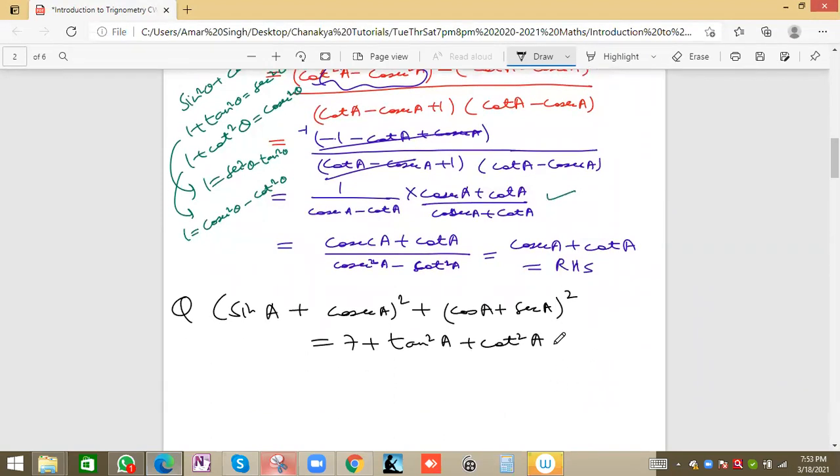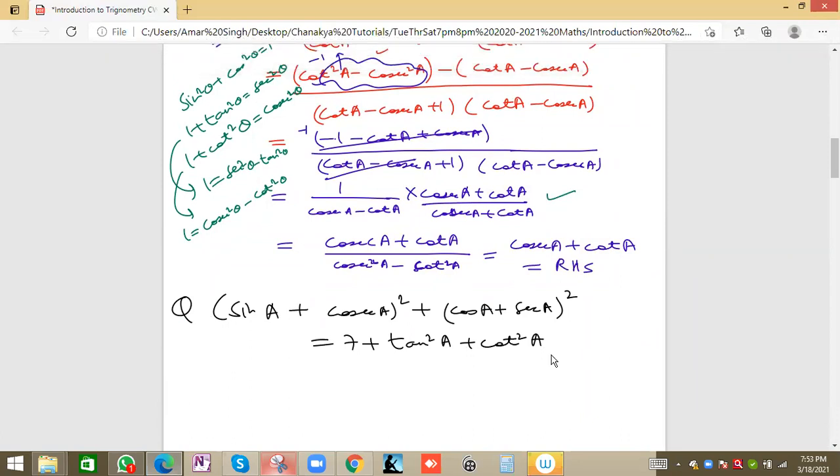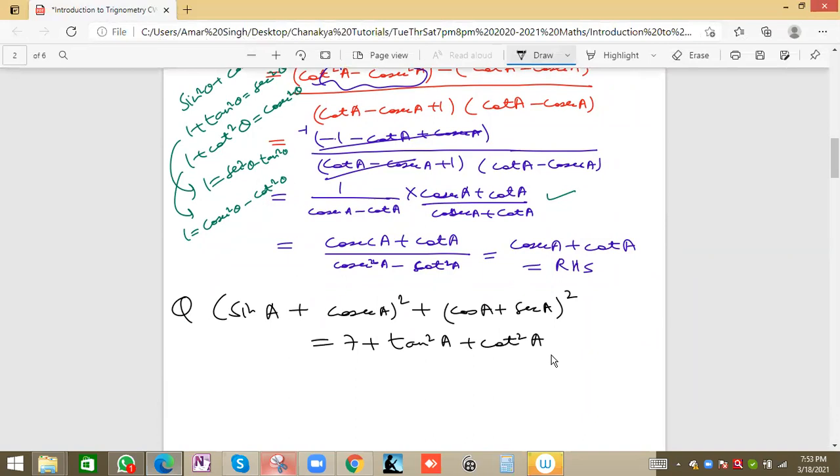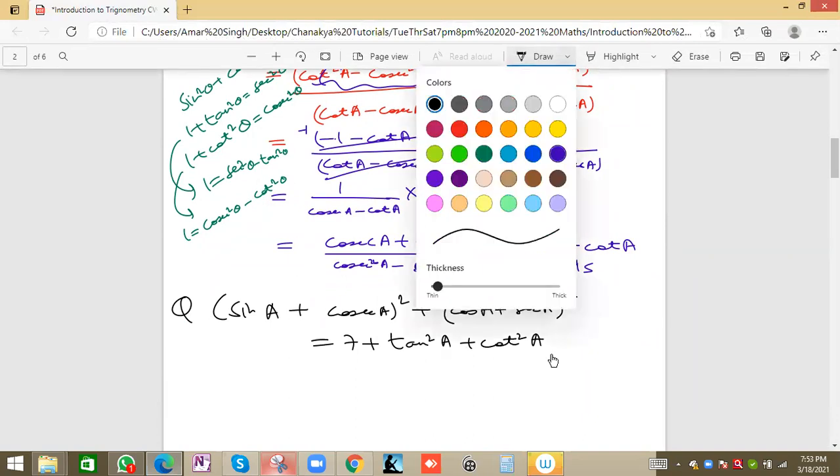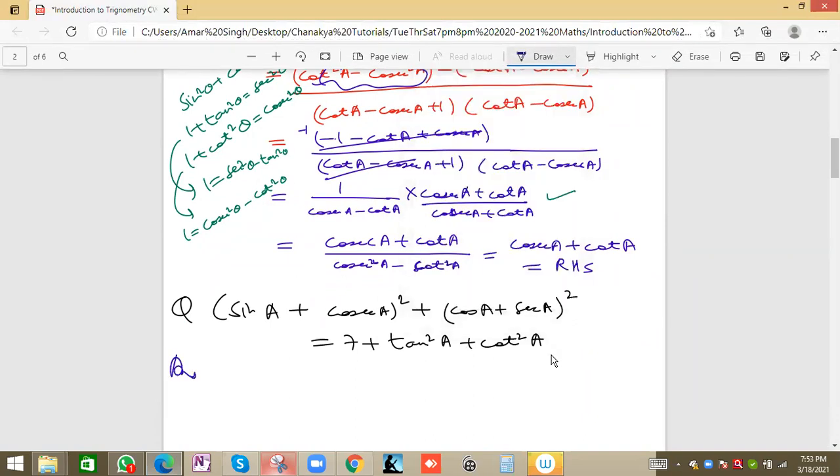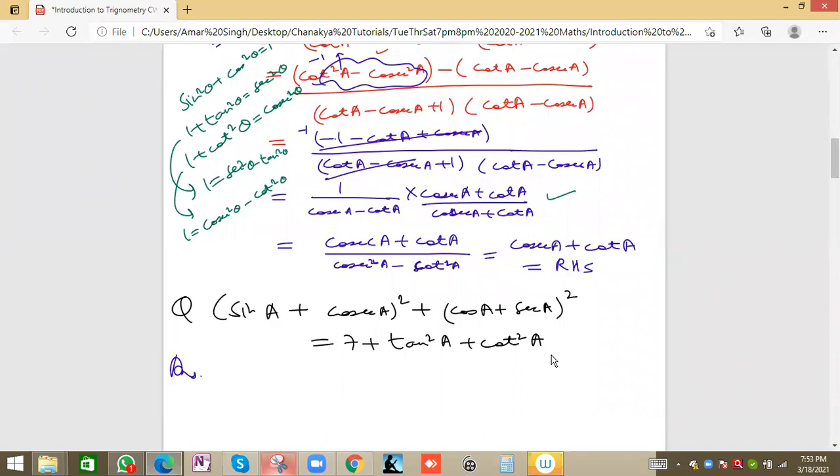I think you will get the values. Left hand side you have to prove equal to right hand side. You just have to expand. We can start with the left hand side, expand the equation and we will get the values.